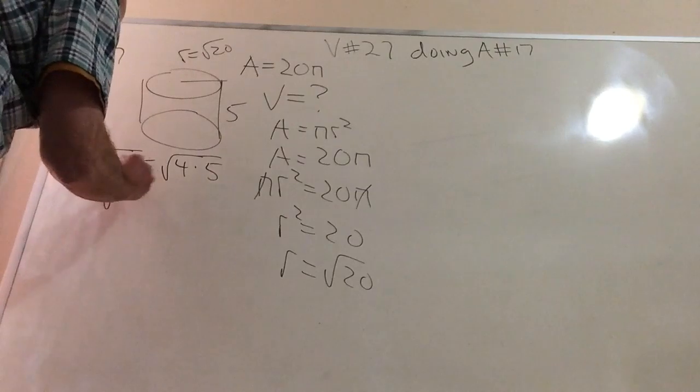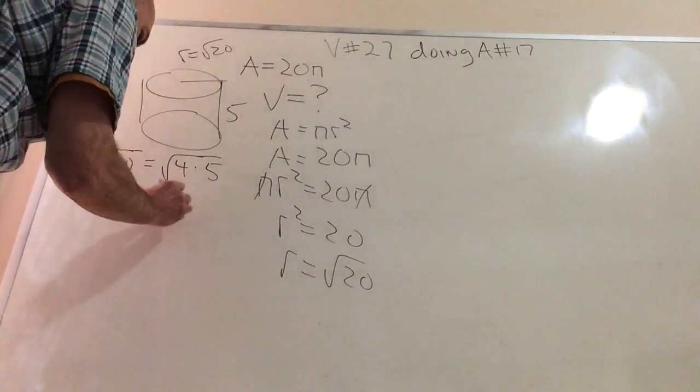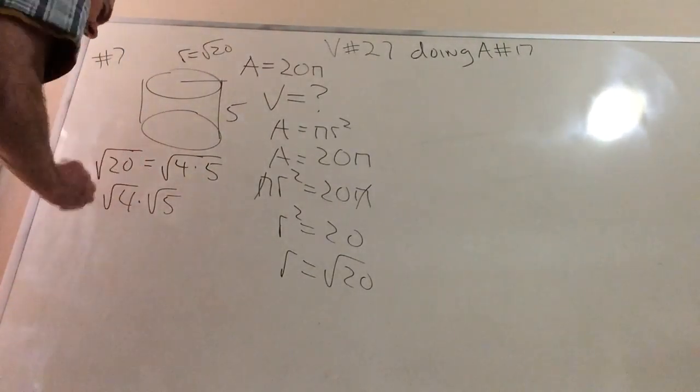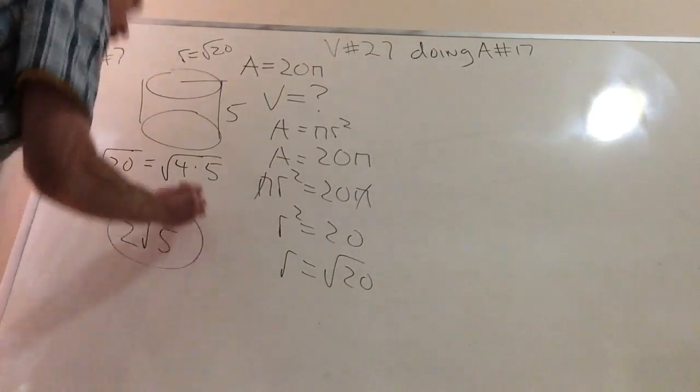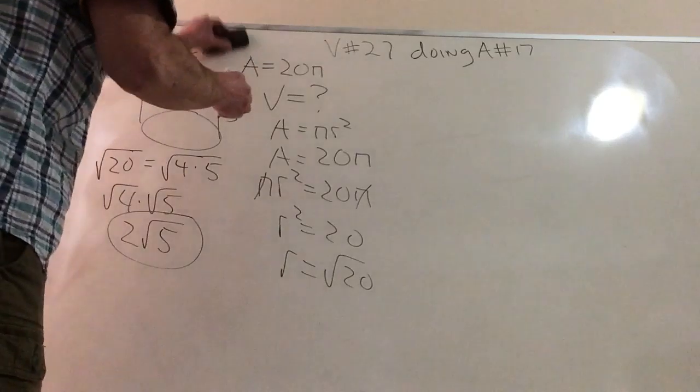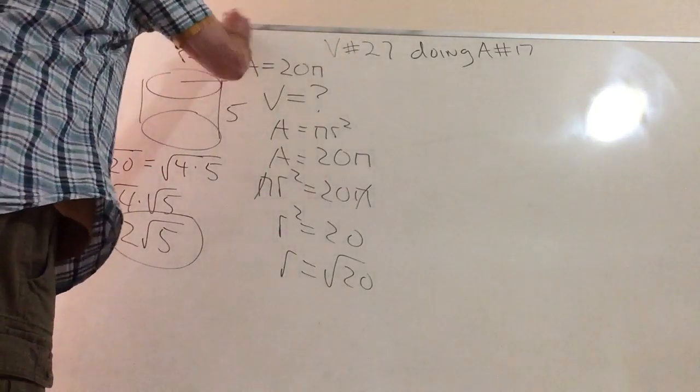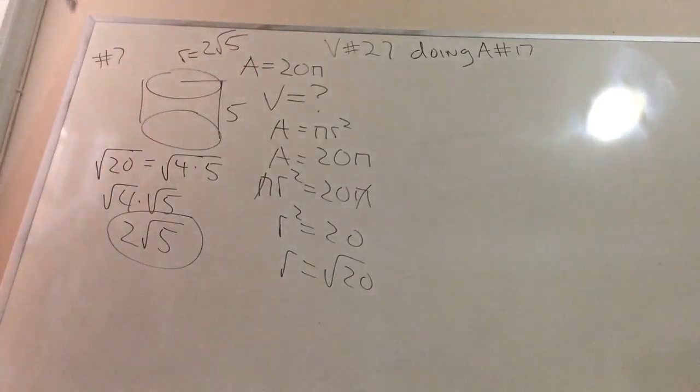Oh, well that means that radical 4 times radical 5 equals radical 20. Oh, but radical 4 is a perfect square. There, it's much nicer. The radius really, to make it easier for us to do calculations, equals 2 radical 5. Oh, all right. We can do math like this. Now I can find the volume.